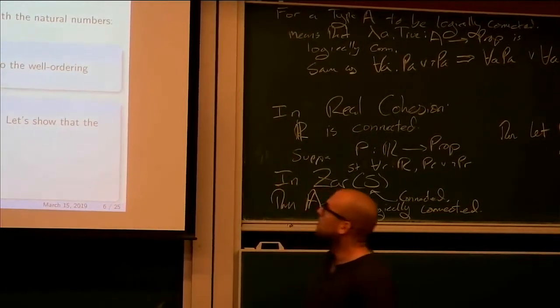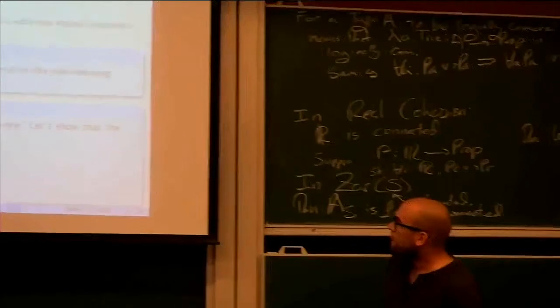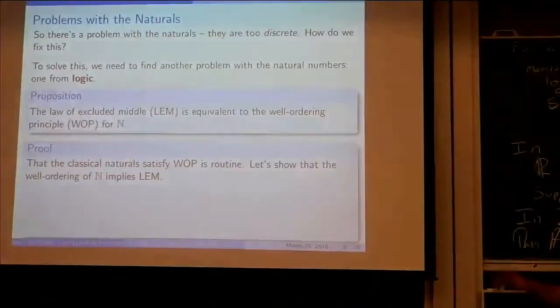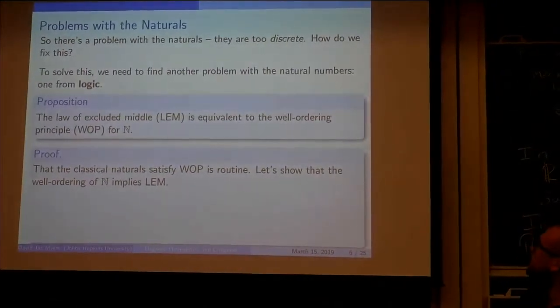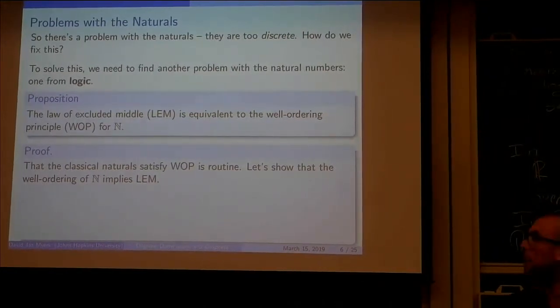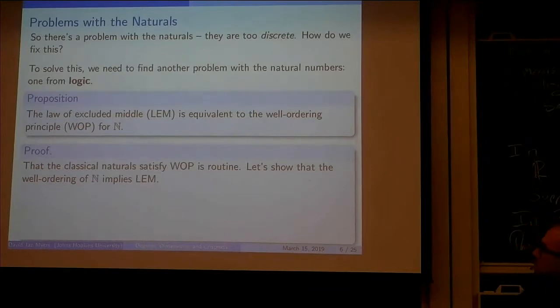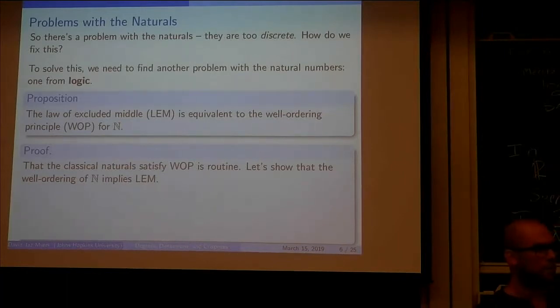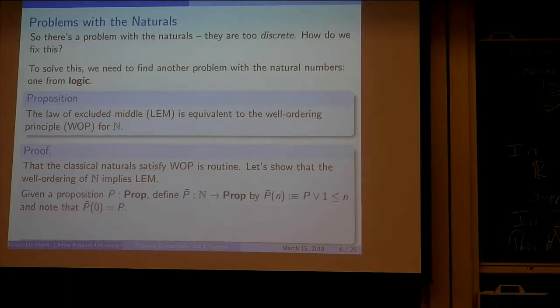So the law of excluded middle is equivalent to well-ordering. I'm going to assume you know how to prove the well-ordering principle, and we'll do the other way around. We can show that the well-ordering of the natural numbers implies the law of excluded middle. Given a proposition P, define this proposition P bar by: P or 1 is less than your number.